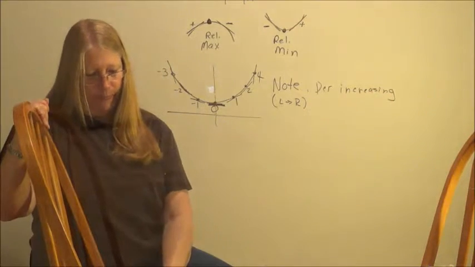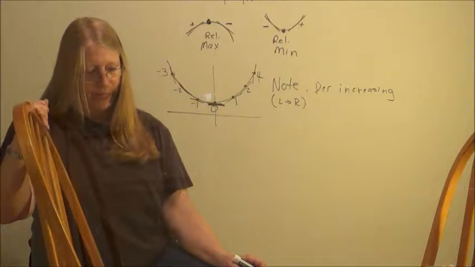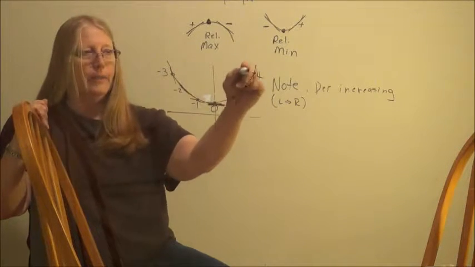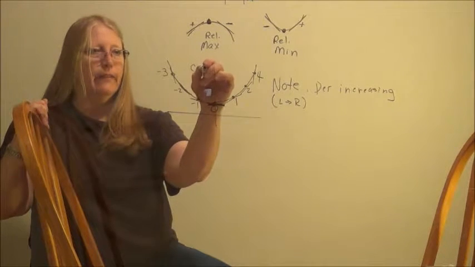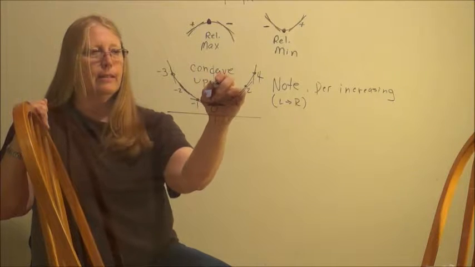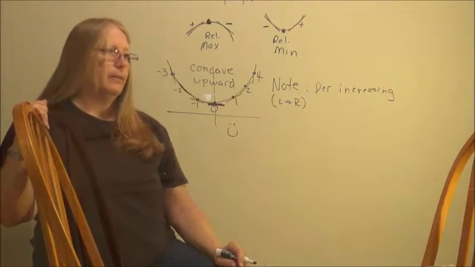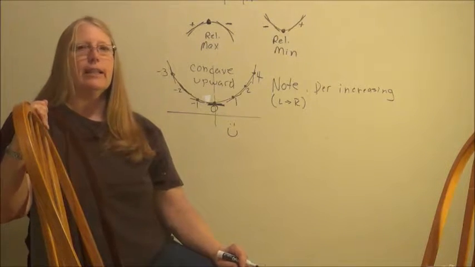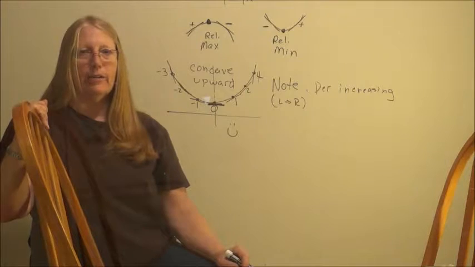So if the first derivative f prime is increasing on an interval, this is the type of shape it will always have, and we call that concave upward. It's a smiler. So the derivatives are increasing in that it creates a concave upward graph.